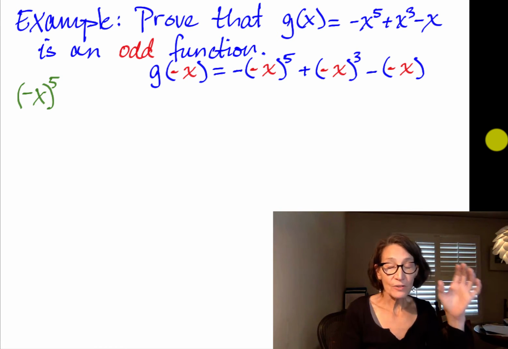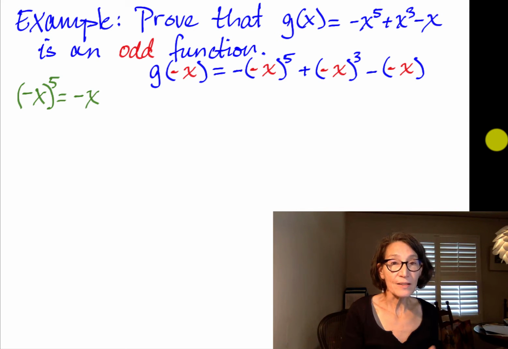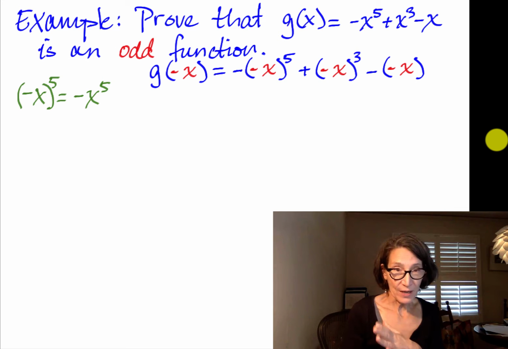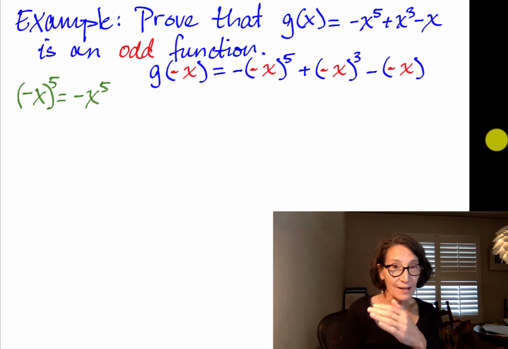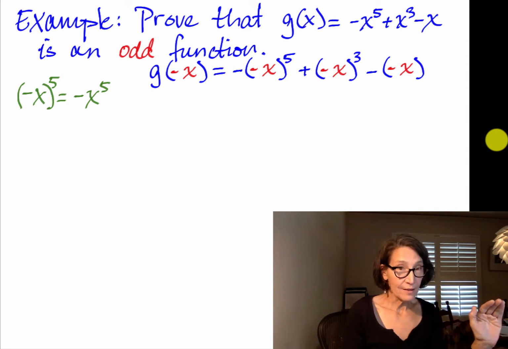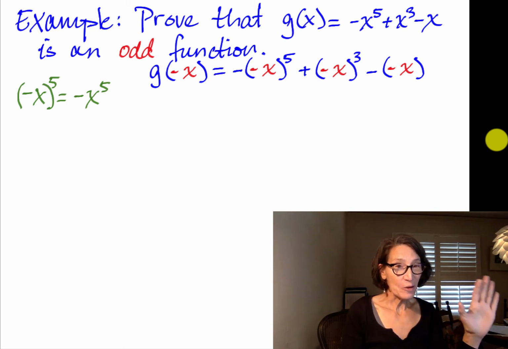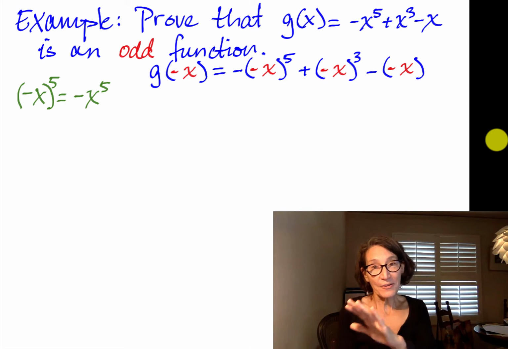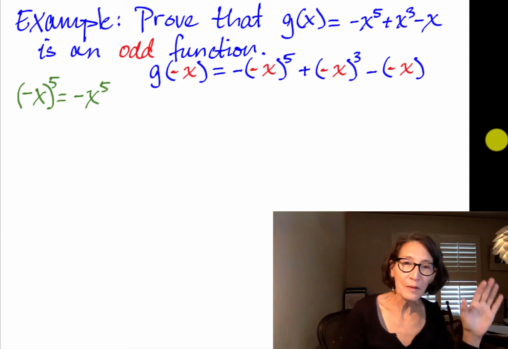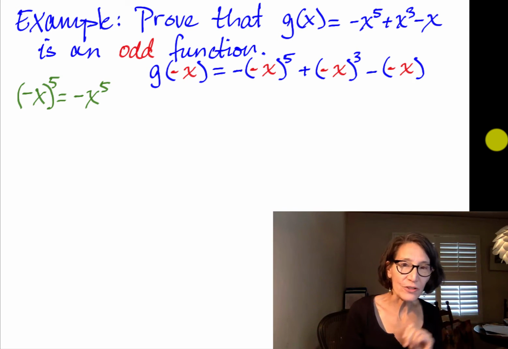So negative x raised to the fifth is the same as negative x to the fifth. Note on the left side there are parentheses. On the right side, no parentheses. On the right side, we're taking x, raising it to the fifth, and just throwing a single minus sign in front of that. But on the left side, you're multiplying together 5 negative x's. But the two answers are the same.